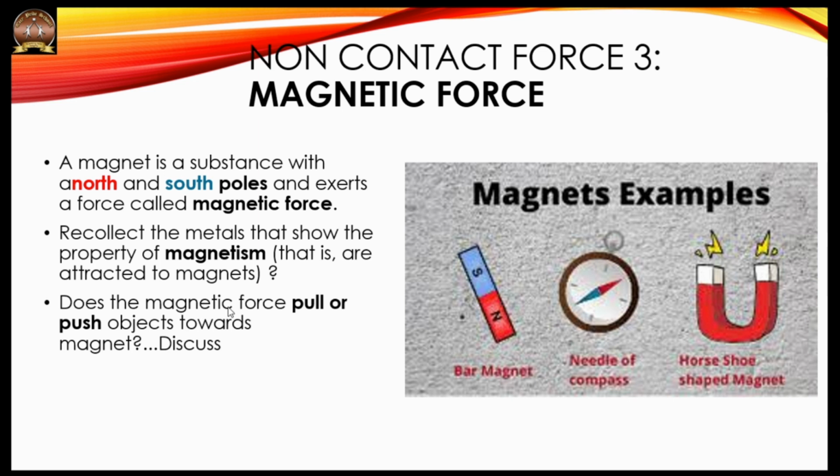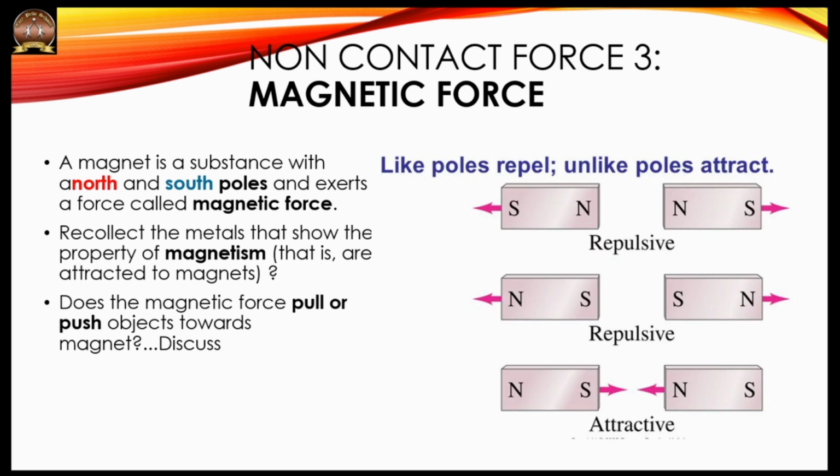Now, does the magnetic force push or pull objects towards a magnet? Well, I'm sure you have played with magnets and you have noticed that sometimes magnets, when placed in a certain way, move away from each other or repel each other, and sometimes, when placed in a certain way, attract each other.